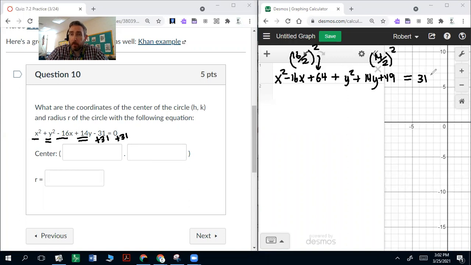We add the 64 and the 49 to both sides. Combine those three numbers, 64, 49, 31 in your calculator. That's 144.